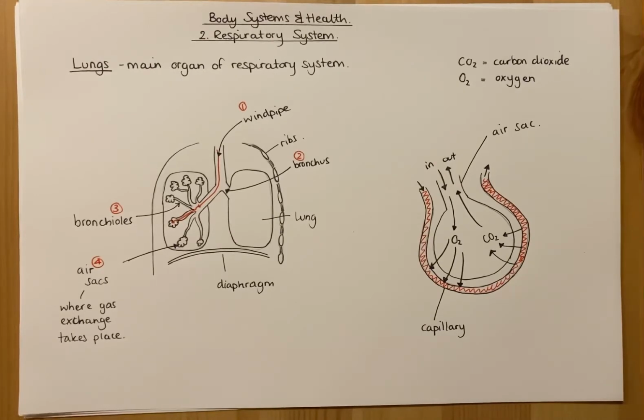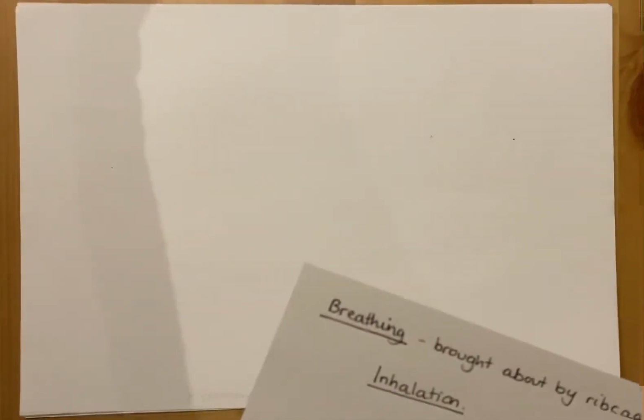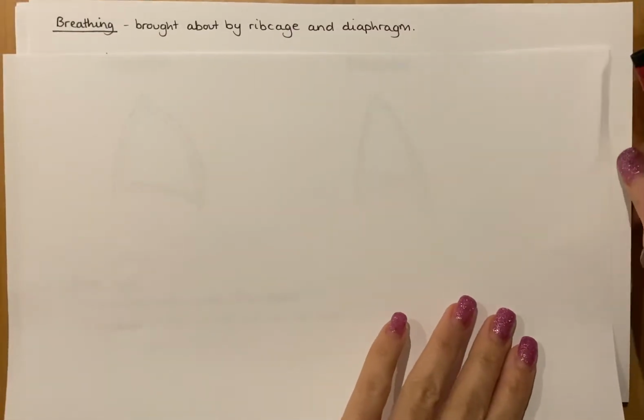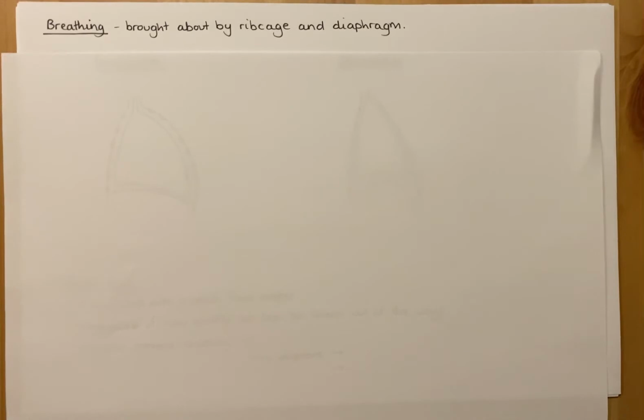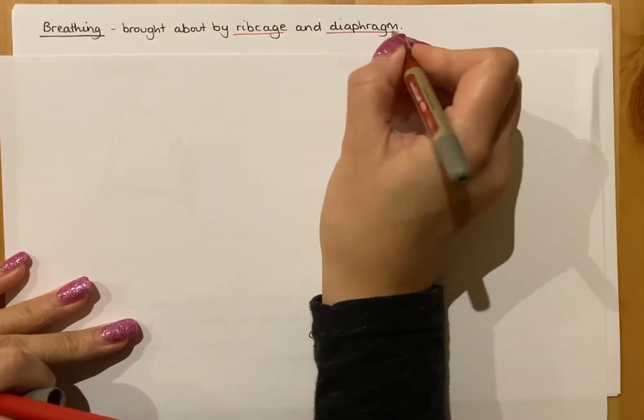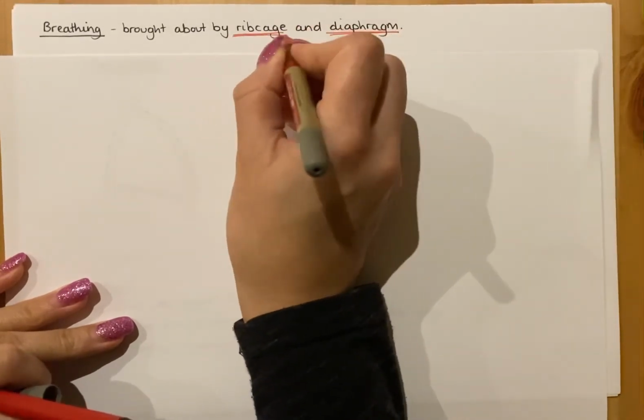So now what I'm going to move on to is how you breathe. That's what's called the mechanism of breathing. When you breathe, like I said before, you have a few structures that are involved in this. So you have your rib cage, which involves your ribs, and your diaphragm, which is the muscle underneath.